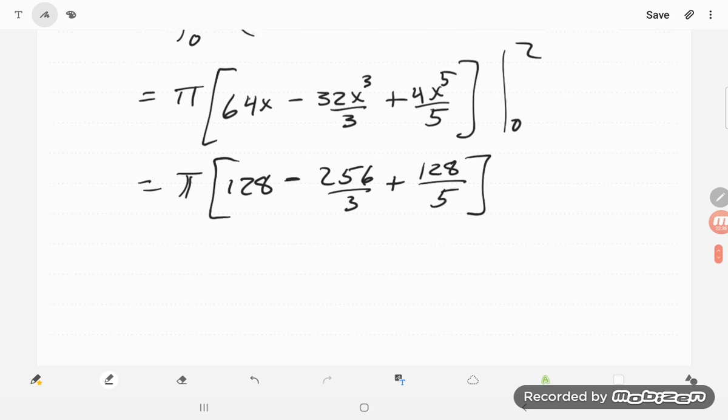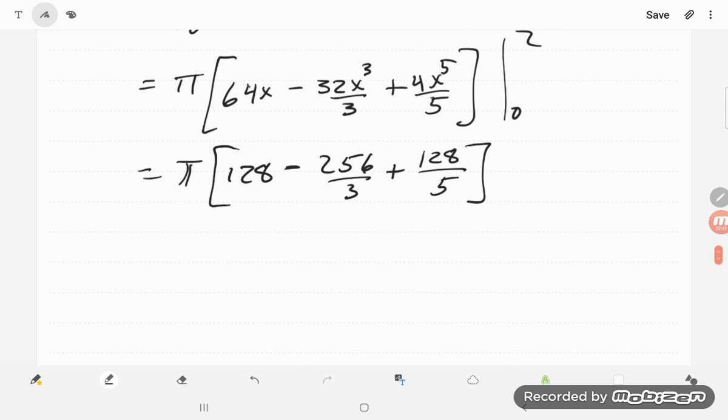Once again, we get these nasty fractions to look at. I think I'll go with 3 over 3 for the 128, and when we subtract those two, we get 128 over 3.